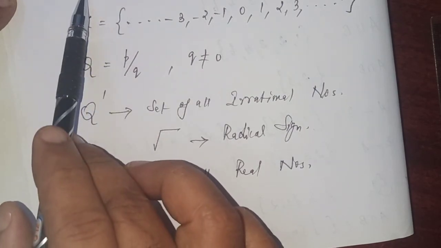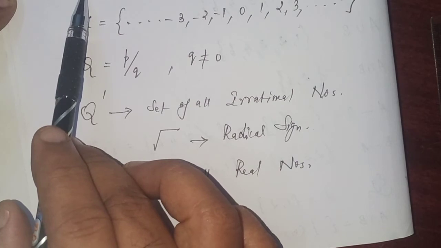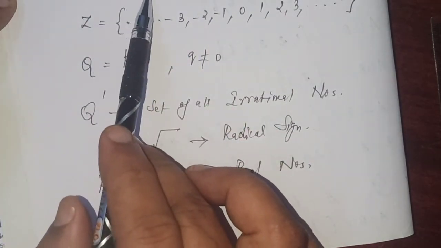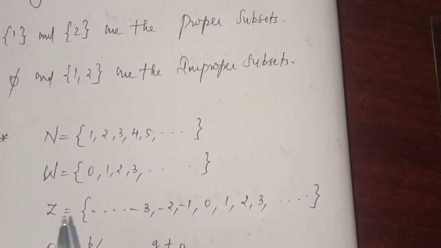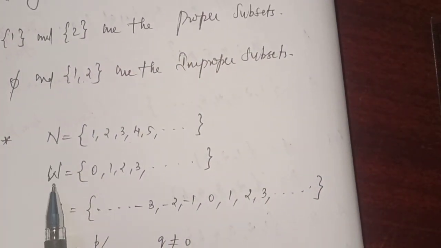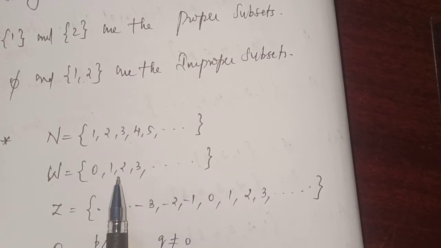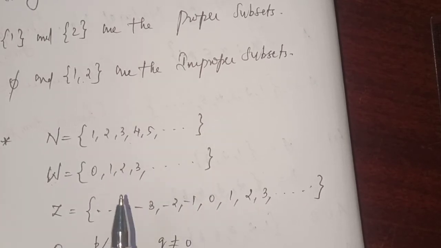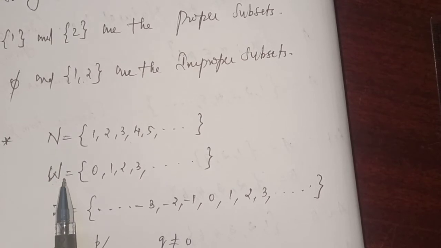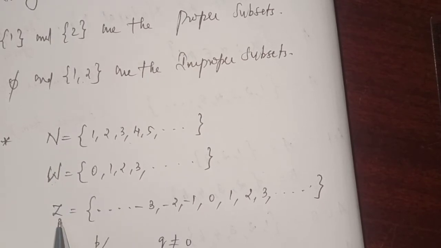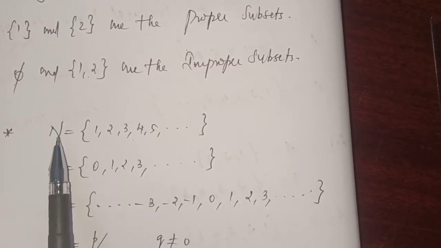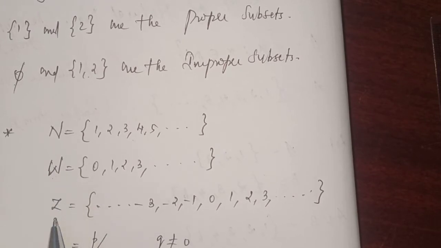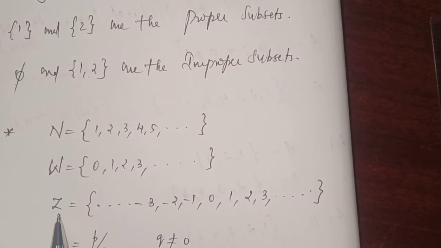Natural numbers are a subset of whole numbers because all the natural numbers are in whole numbers. Natural numbers and whole numbers are the subsets of the set of all integers because natural numbers and even whole numbers are in Z. So we can say natural numbers and whole numbers are subsets of Z.